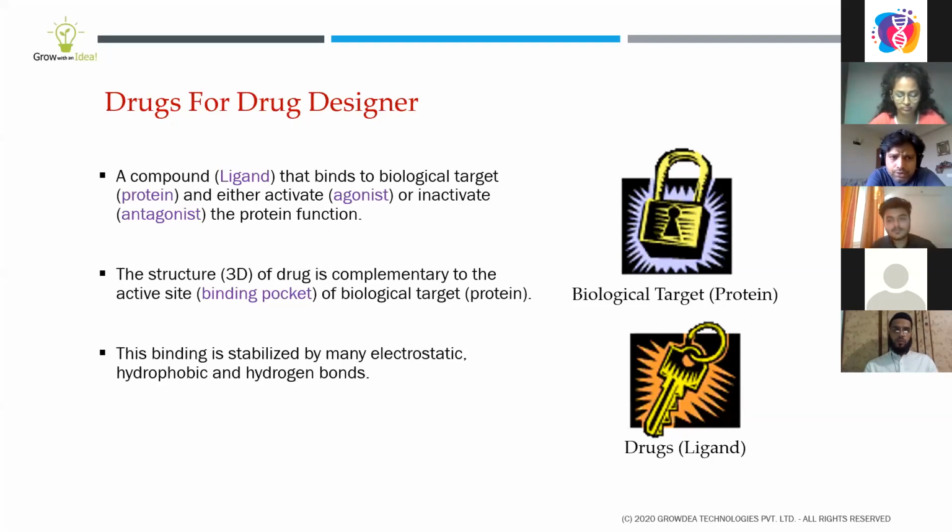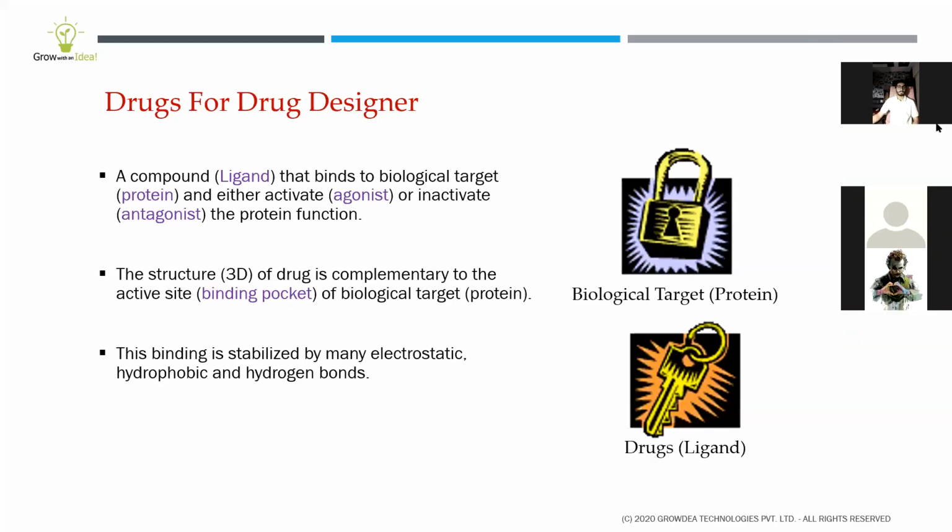Now, if you want to understand this protein and ligand interaction, because they have to interact with each other for making the physiological changes that we discussed. Actually, this interaction is necessary for triggering all kinds of physiological changes. So the interaction is the first step. To understand it, you can take the example of lock and key, though it is a very crude example, I would say, because lock and key is a very rigid interaction.